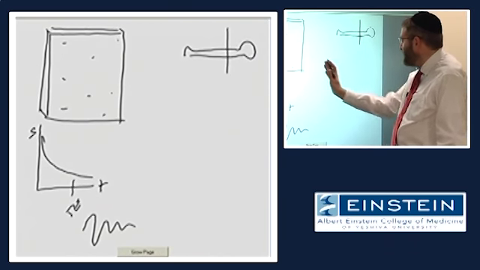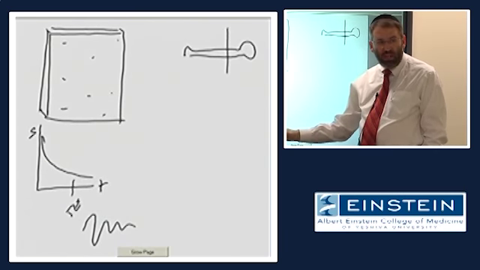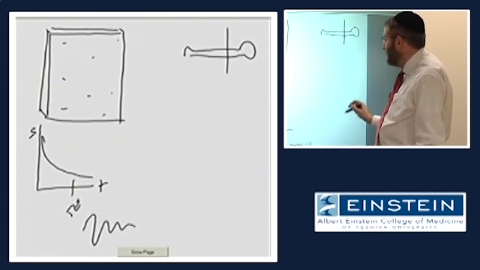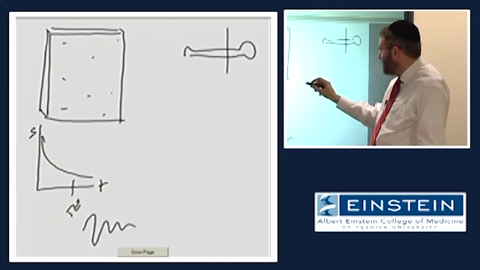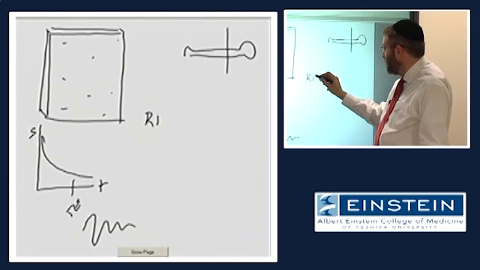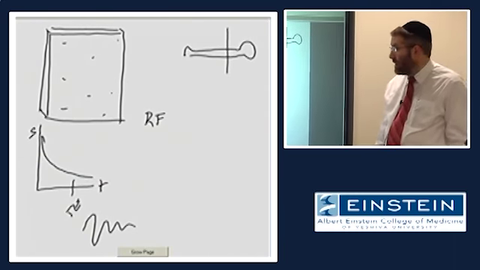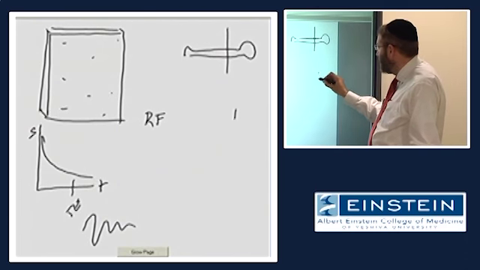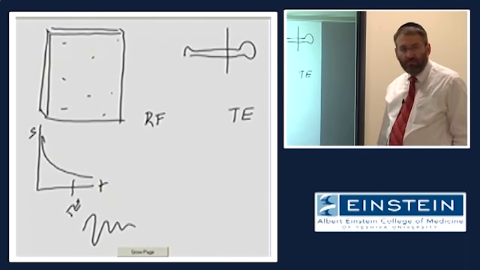If we look at what has happened in order to get to the point where we can actually measure the signal, we just sort of draw a little timeline. Okay? We've had to turn on our radio frequency pulse, and at some time later on, called TE, we sample the signal.